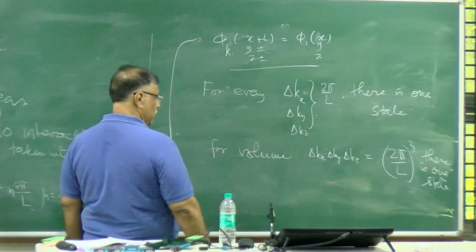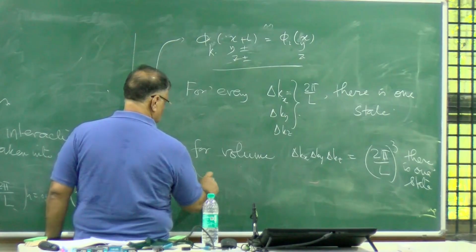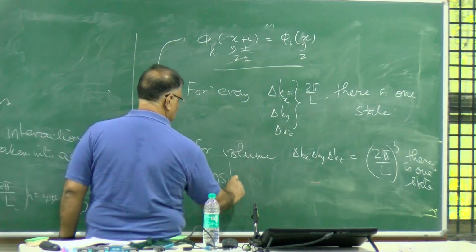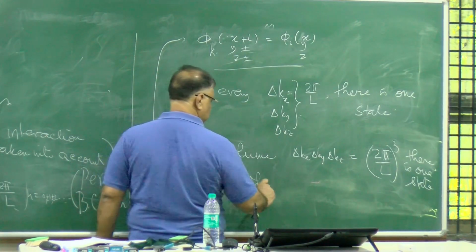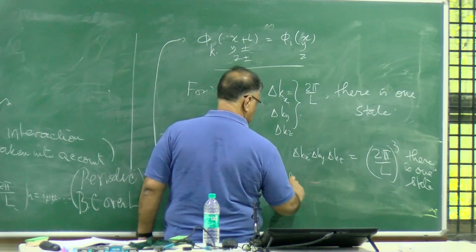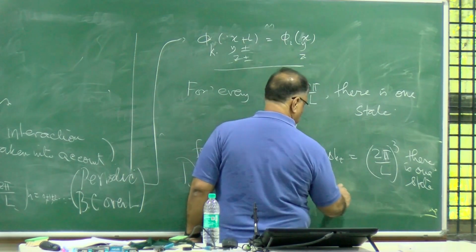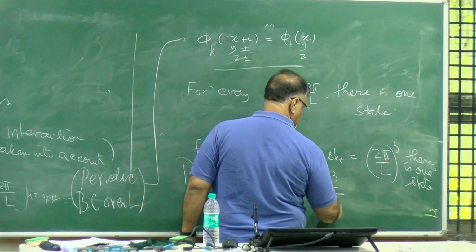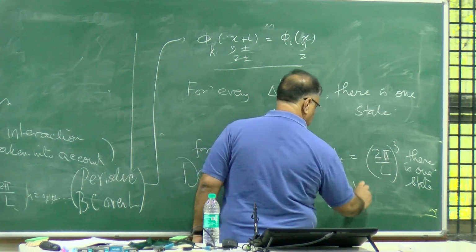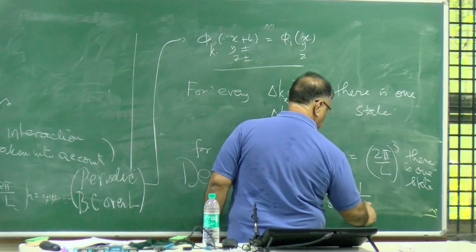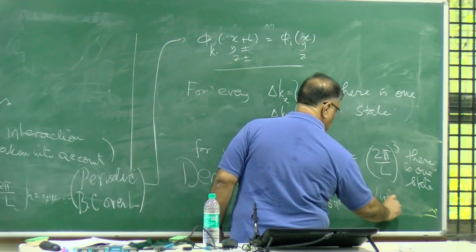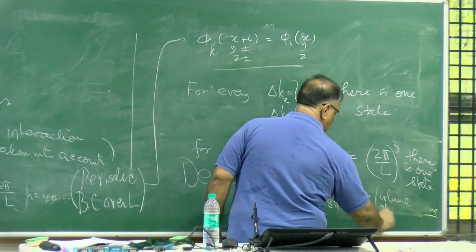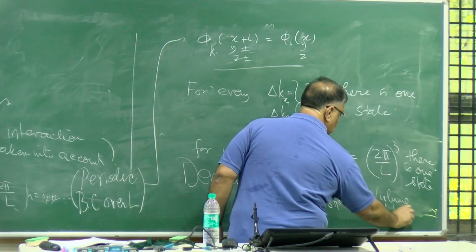Okay? So I'm going to introduce now something called density of states in k space, which is going to be L cubed over 8 pi cubed equals V over 8 pi cubed per unit volume of k space.